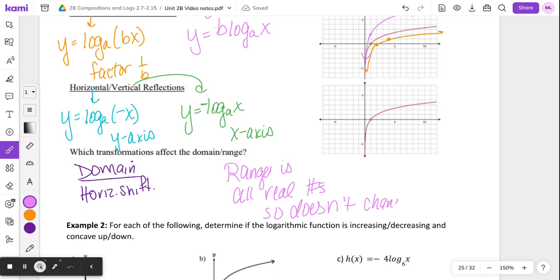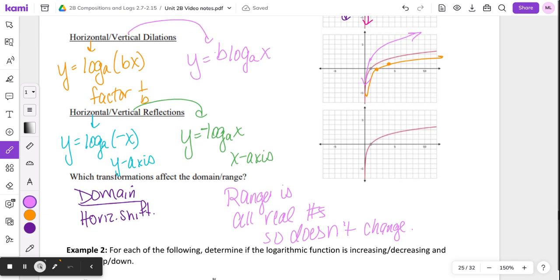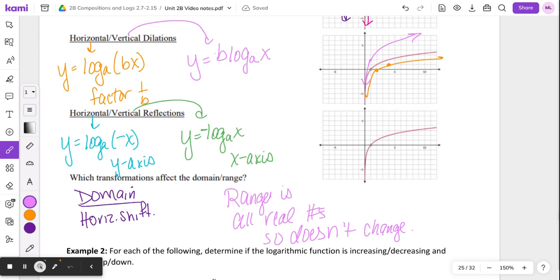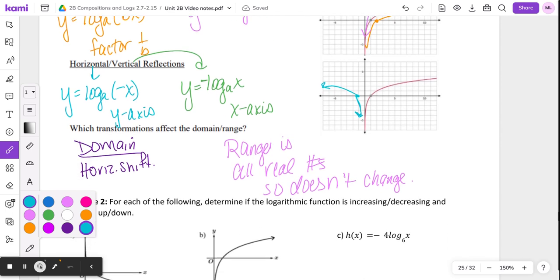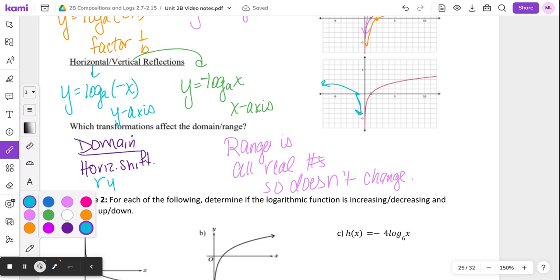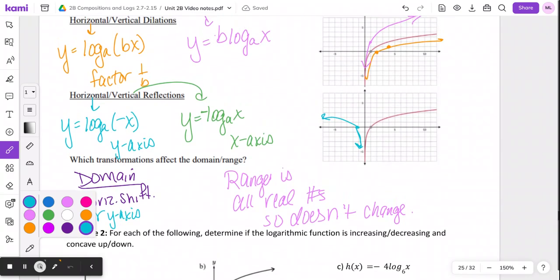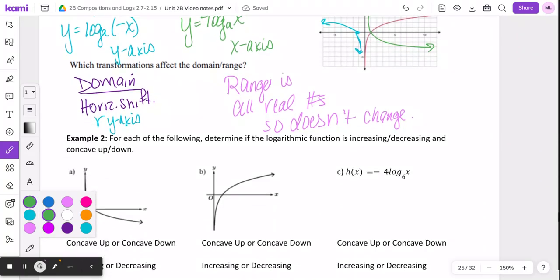So the range isn't going to change. All right, now if we have horizontal or vertical reflections, if we reflect over the y-axis, we're going to approach 0 from the left-hand side, so that will change the domain. If we reflect over the x-axis, it's just going to look like that, still have the range of all real numbers, so not change it.